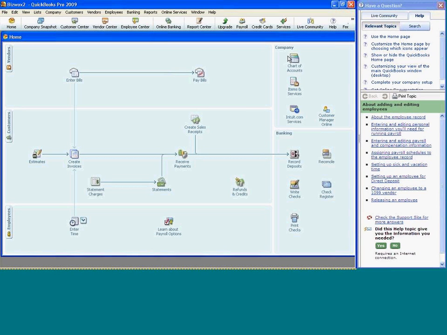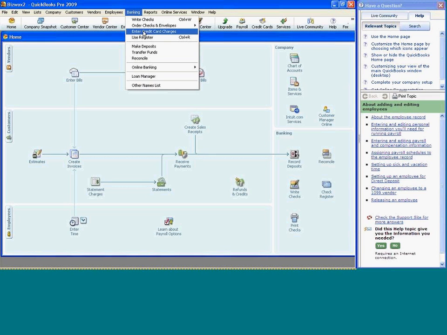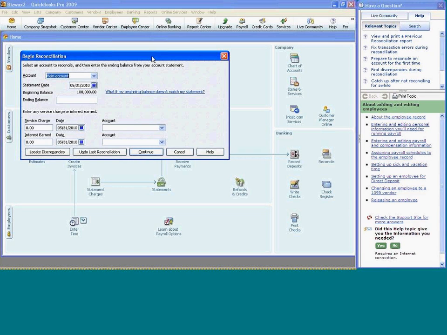Because one of the things that we see over here, if we go to banking, we see that the beginning balance is $100,000. That was the main investment over there.